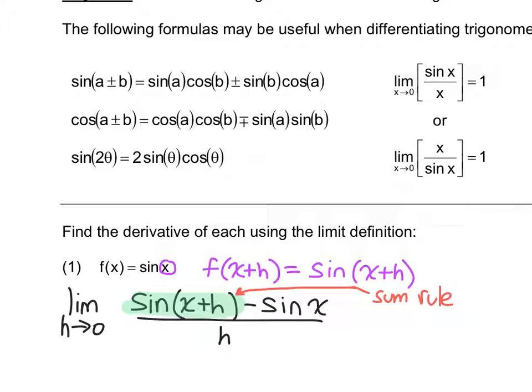It's a memory thing. Sum rule for sine. All right, so basically I just have to take my A's and B's in that formula and replace them with X's and H's.